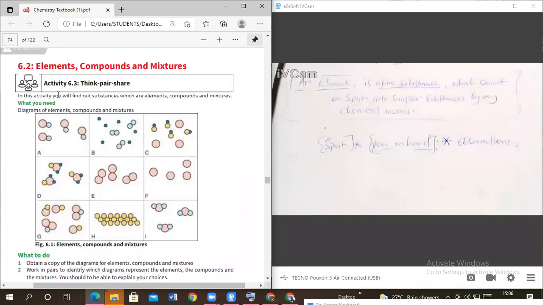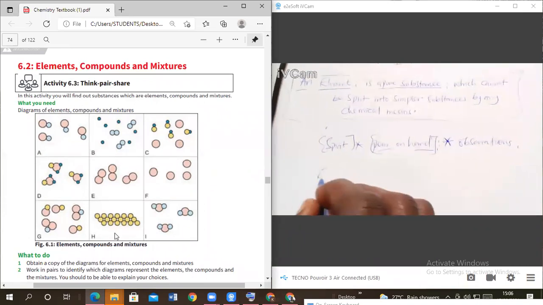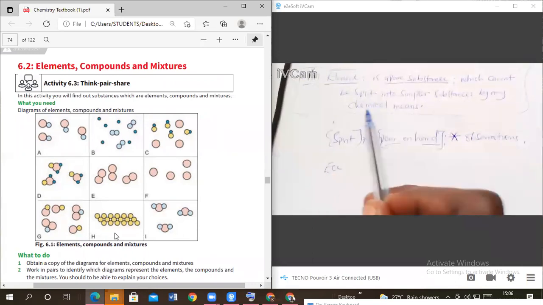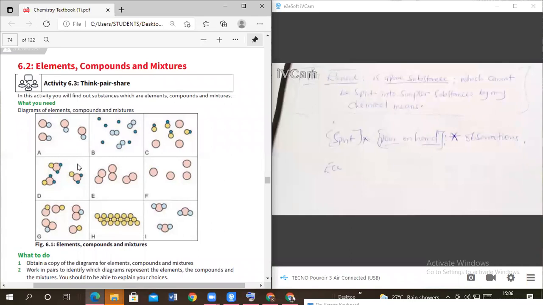Now, you see this table, A, B, C, D, E, F. We have looked at one element. Which of these in the table, A up to I, gives you a brief definition of the word element?